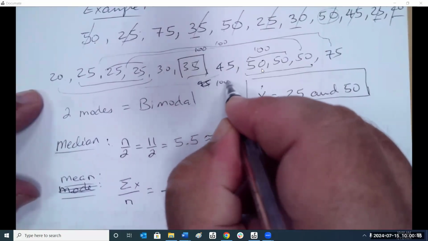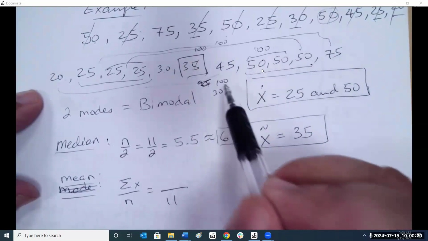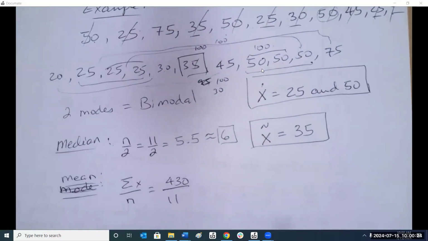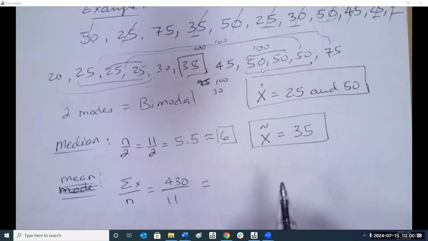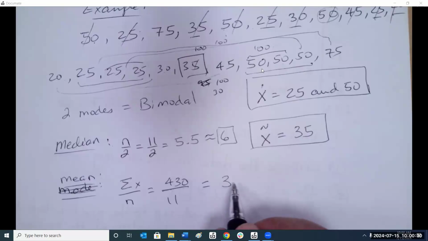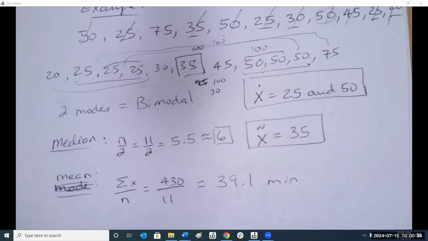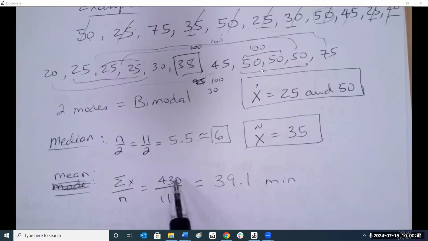Makes it 100. That's a 30. So we have 430 divided by 11. So in this case, it's 39.1 minutes. We take 430 divided by 11.